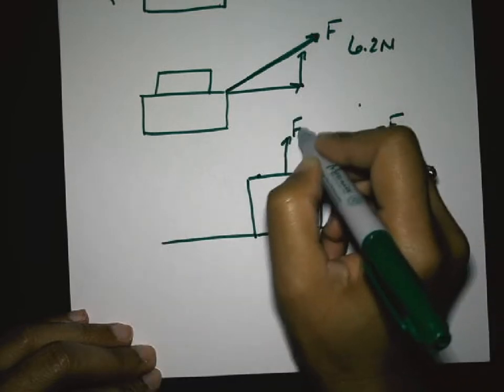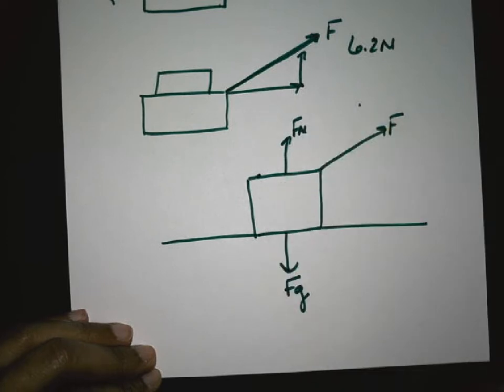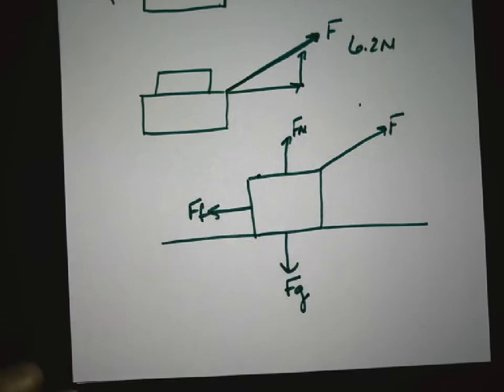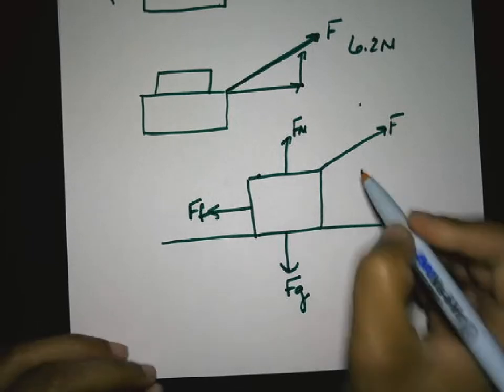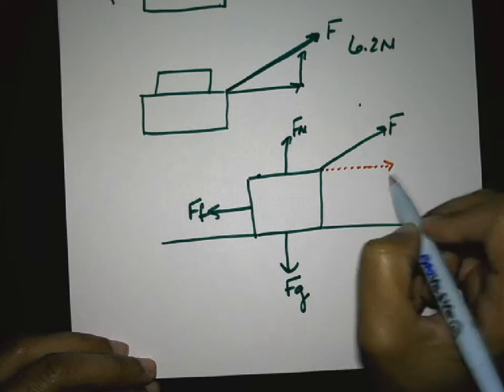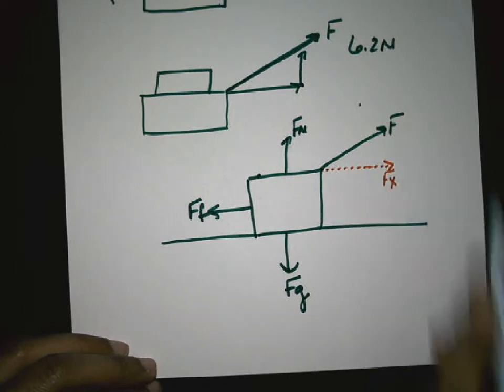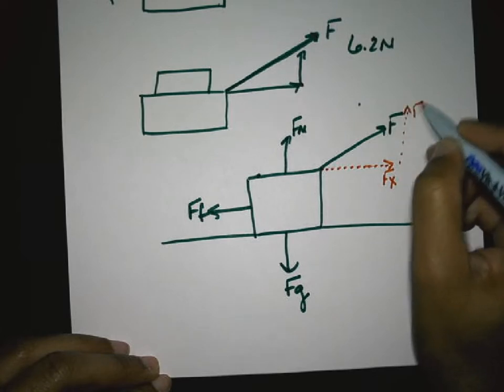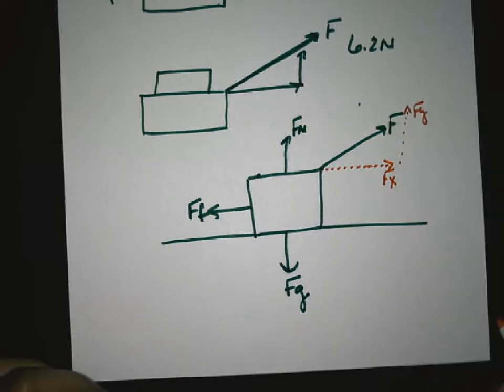I have normal force up, and I have force of friction that opposes that forward pull. And if you look closer to what's really going on, that forward pull is broken up into a force on the x-axis and a force on the y-axis.